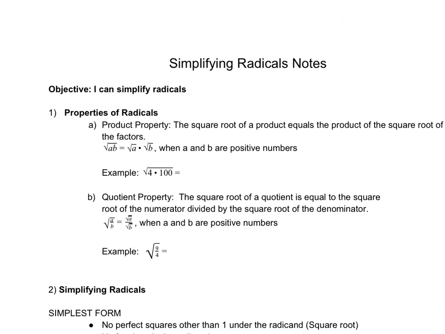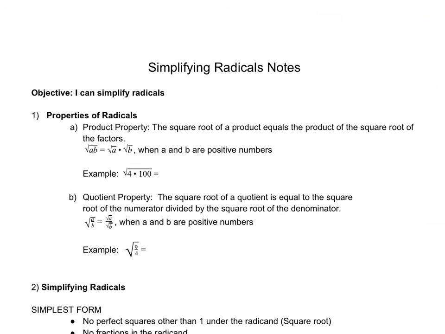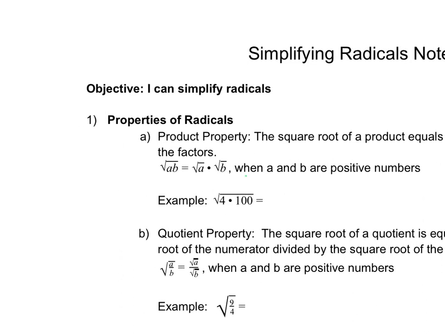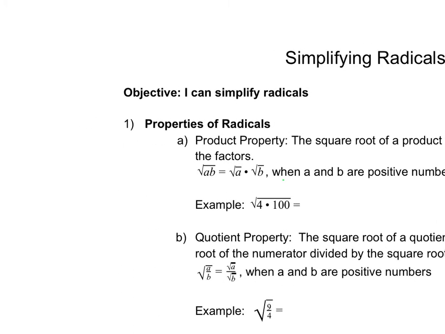So before we get into all the problems, let's talk about properties of radicals. Whenever you have a product, you could use the product property, and remember, product means times. If you have the square root of 2 times the square root of 3, you can combine those, and that would equal the square root of 6.